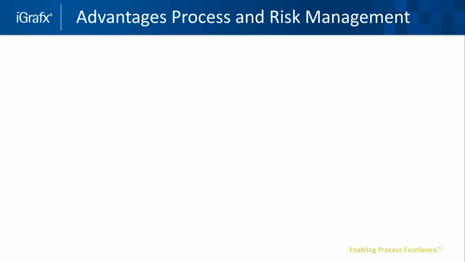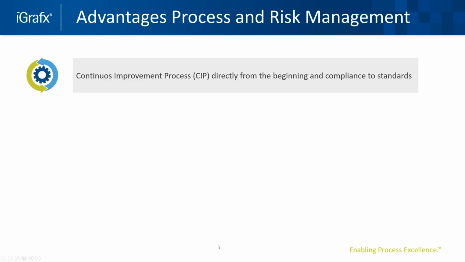So what you've seen is the complete system that we call ROPE, Risk and Opportunity Process Excellence. What it does, as you were able to see, is a continuous improvement process.